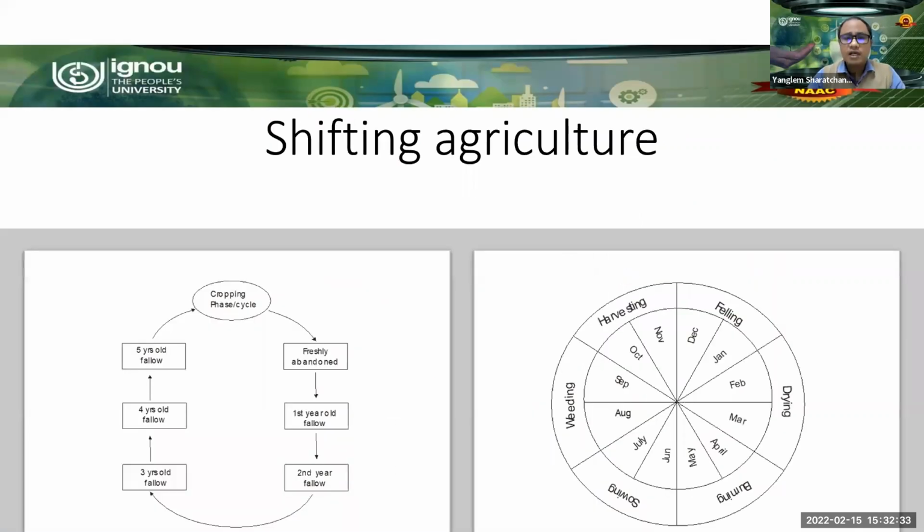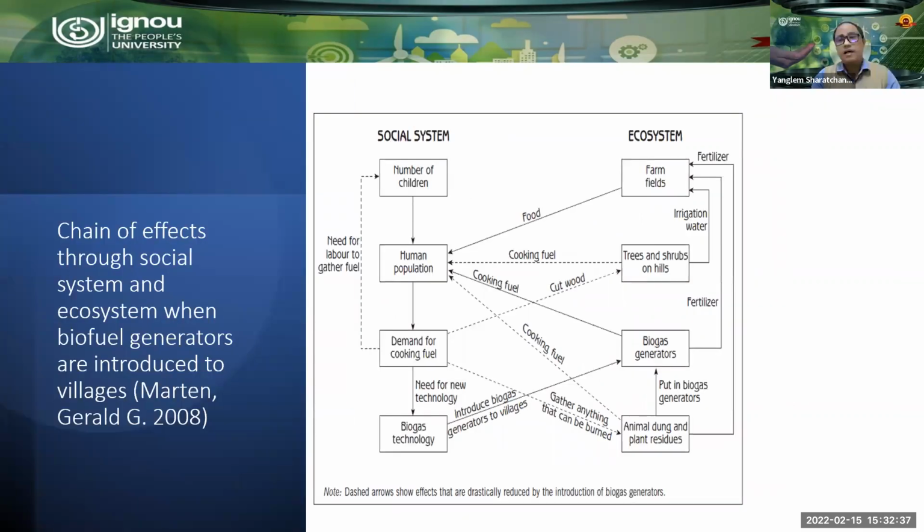Another example is shifting agriculture, right? Another example, when we discuss that chain, is recent. Instead of biofuel, just look at our India's government initiative for LPG, right?